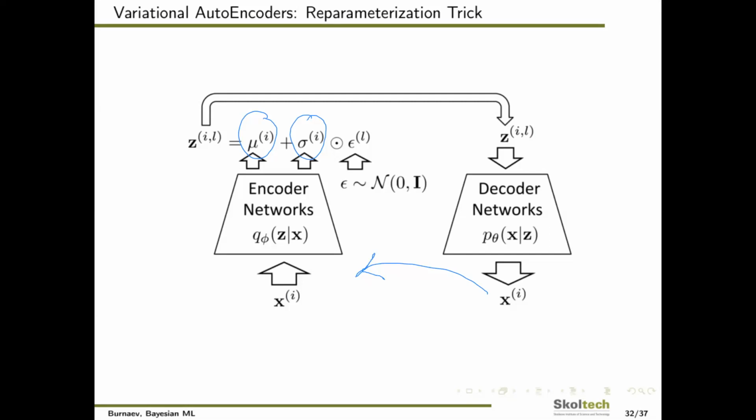Rather, we say that we have this random variable as a sum of two random variables. We decompose it into the term related to the mean value and the one related to the variance. Basically, we have what we assumed before, but we can generate this epsilon in a separate way. So we generate epsilon, and now we can back propagate through all those guys by fixing the epsilon. So in this case, we are able to do the back propagation by the reparameterization trick.